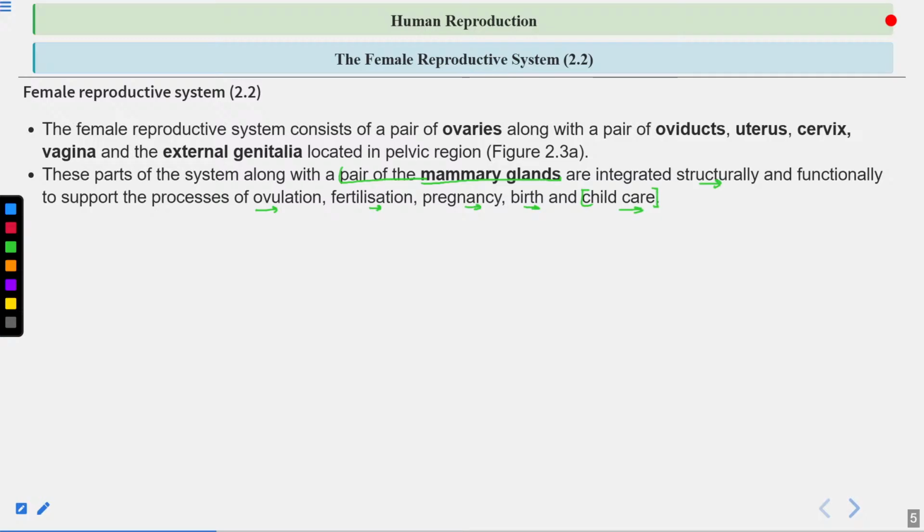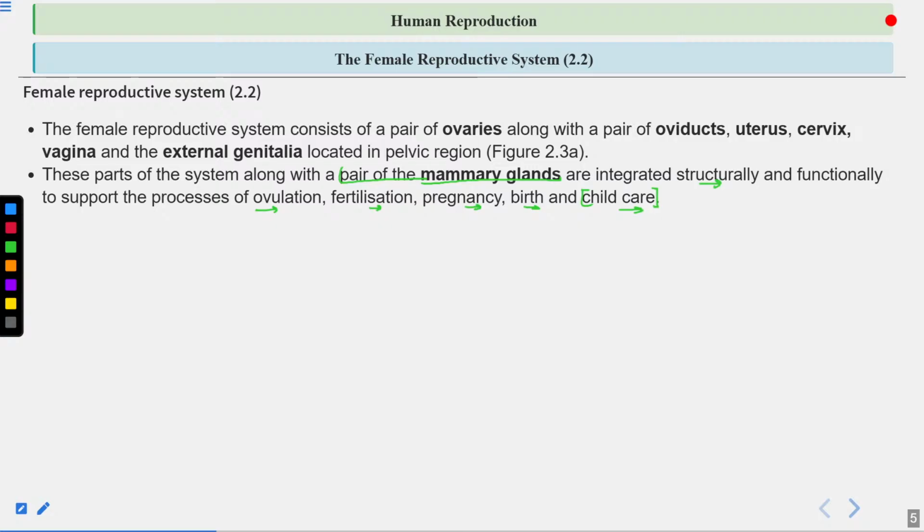It is a thick yellow colored fluid, and it is very nutritious. It also consists of antibodies such as IgA, immunoglobulin A. Antibodies are immunoglobulins. So IgA is present in mother's milk, known as colostrum, and it provides nutrition and also provides immunity to the newborn.